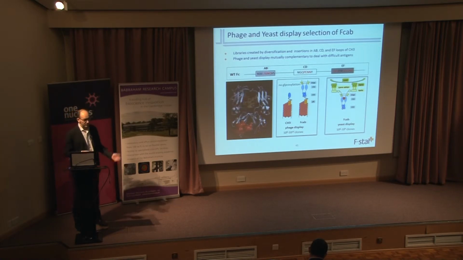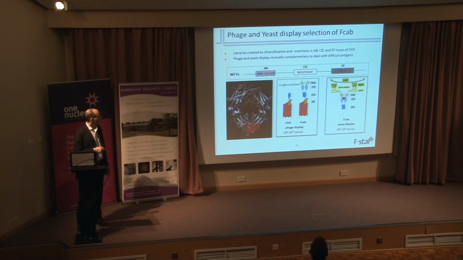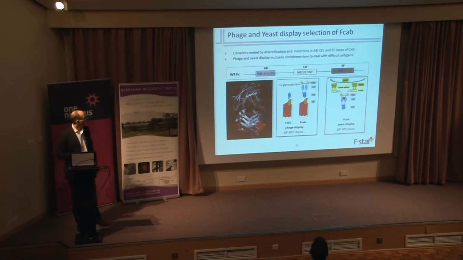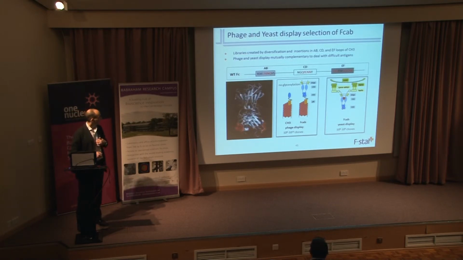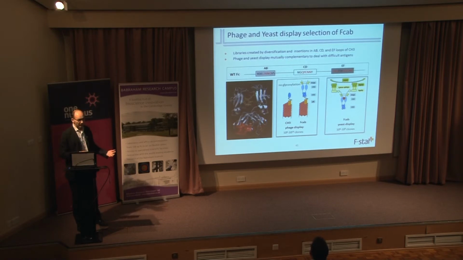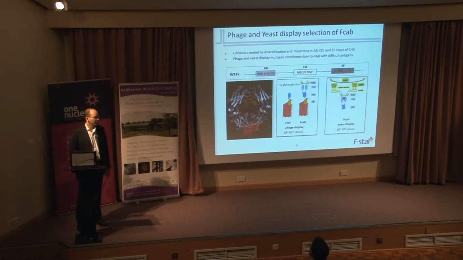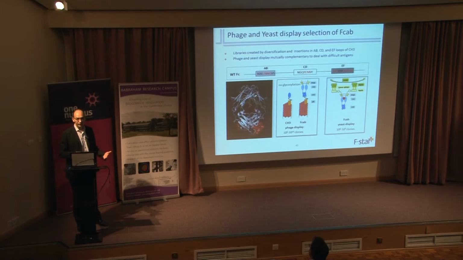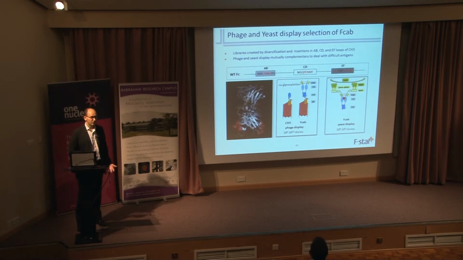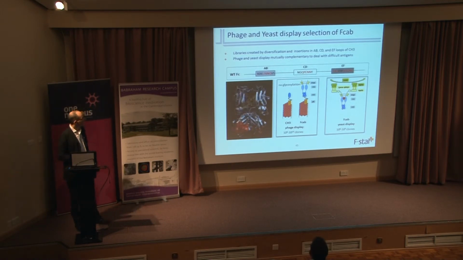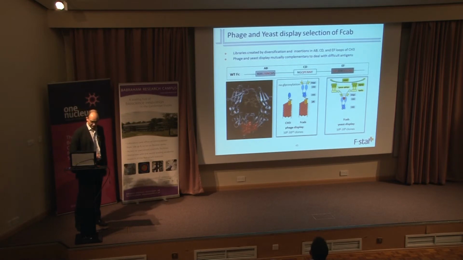Typically we have in the range of 10 to 12 amino acids changed away from their wild type sequence in the final products. The initial output of the selection is typically of low affinity, and then subsequently we go through repeated affinity maturations to generate high affinity binders to the antigen in question.